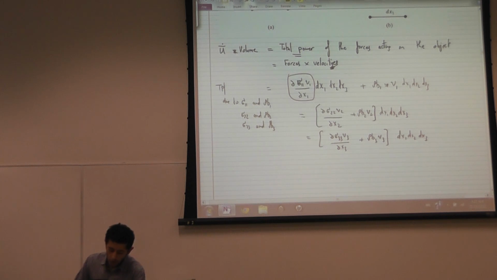So these are the total power acting on that object due to sigma 1,1, sigma 2,2, sigma 3,3, rho b1, rho b2, and rho b3.